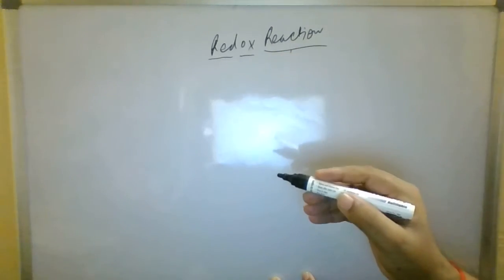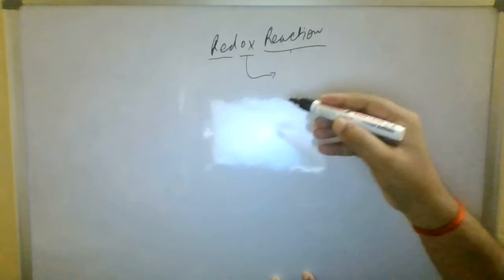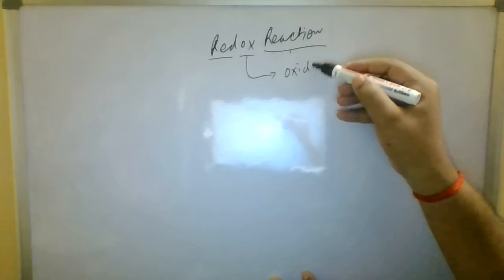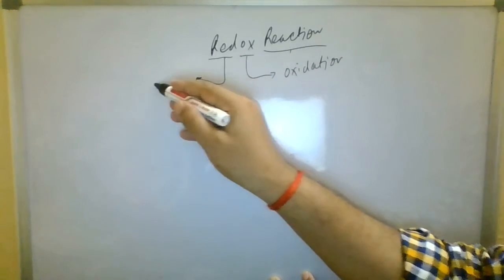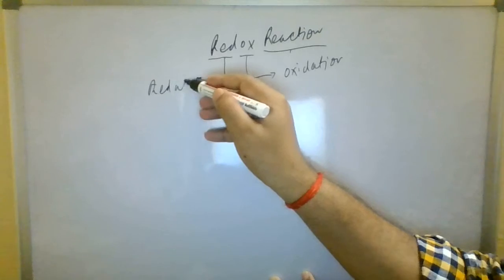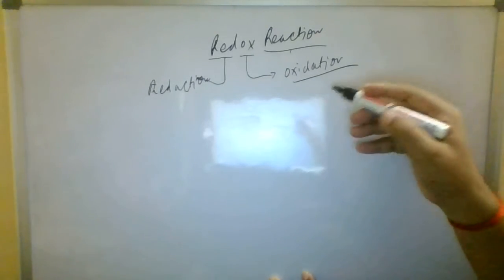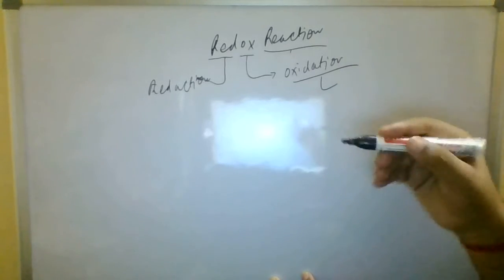In redox, you see there are two words. The first one is red and the second one is ox. Ox means oxidation, and red means reduction. Oxidation means an increase in oxidation number.